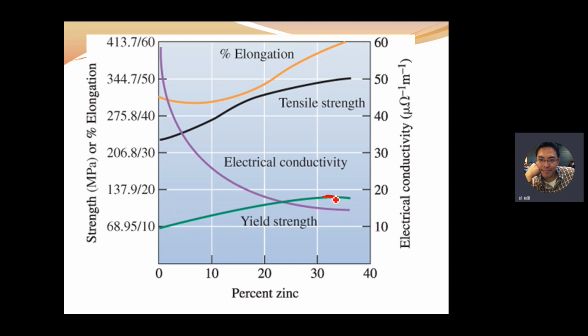Of course, the higher content of zinc causes its electric conductivity to decrease dramatically, right? You can see the yield stress increases and the electric conductivity decreases. Of course, its tensile stress also increases. It's also a mechanical property.